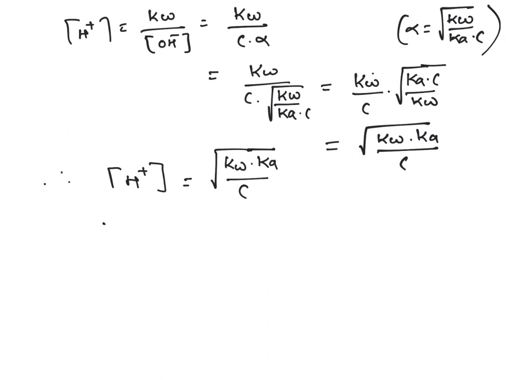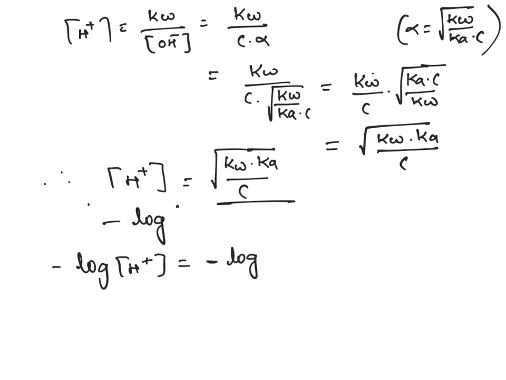Applying minus log to the above expression, it becomes minus log H plus concentration equal to, since the entire root means power 1 by 2, I can write 1 by 2 minus log of Kw dot Ka by C, to the power 1 by 2, because root is written in this fashion.